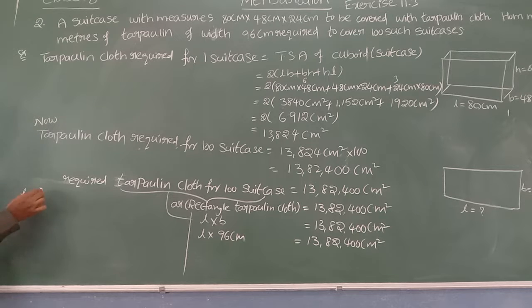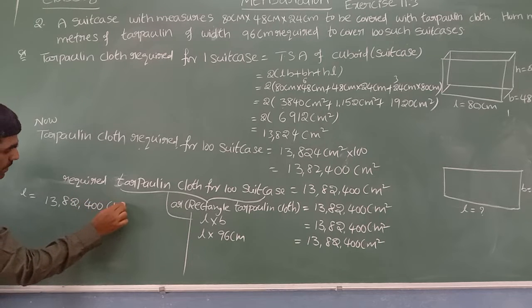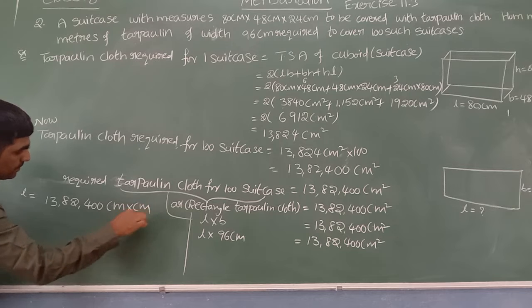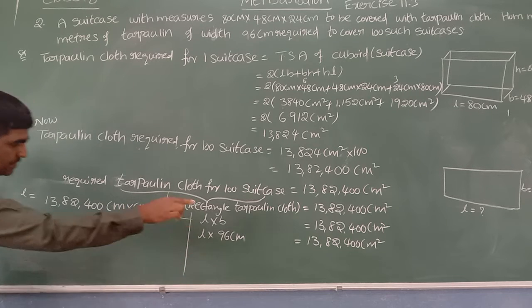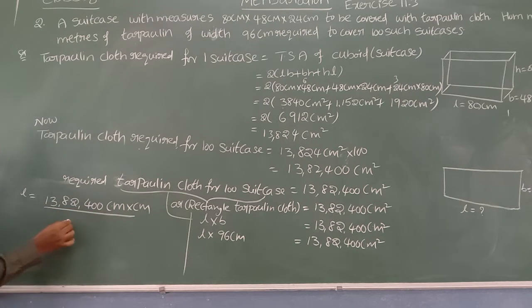Length is equal to 13,82,400 square centimeters by 96 centimeters. Centimeter cancels with centimeter. Now both you can simplify, which gives the length value.